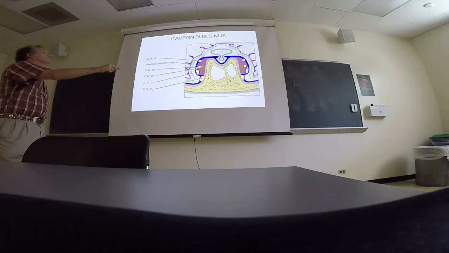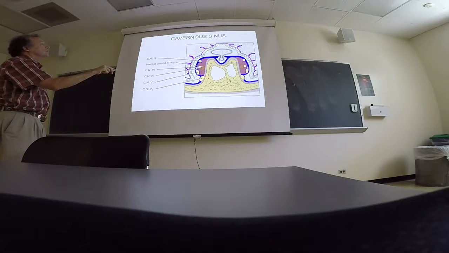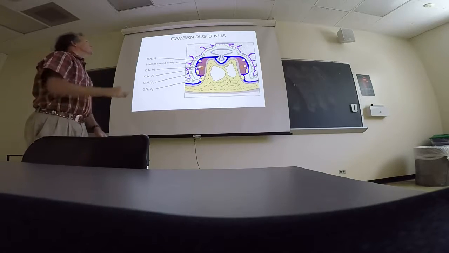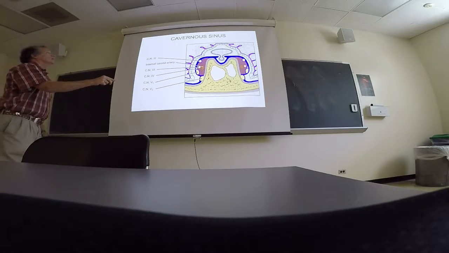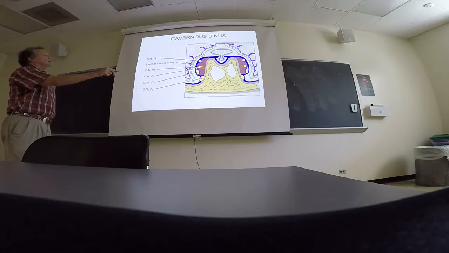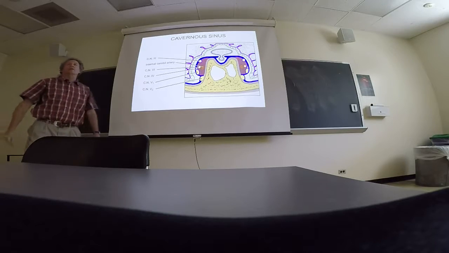But, more to the point, cranial nerve 6 is lying totally within the cavernous sinus. Number 6 you'll learn about tomorrow. It's called the abducens nerve. And it lies within the cavernous sinus. So if you have some pressure build up in this cavernous sinus, it'll push against the nerves that are against the outside, but the one that's in the middle is the one that's going to get really squashed.